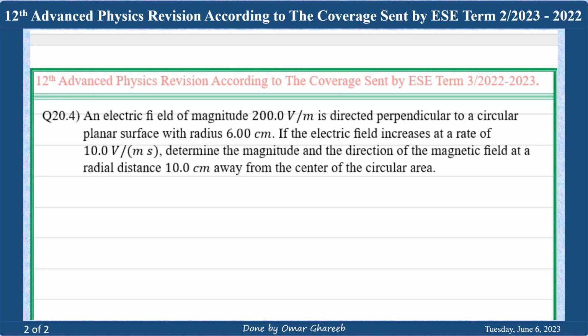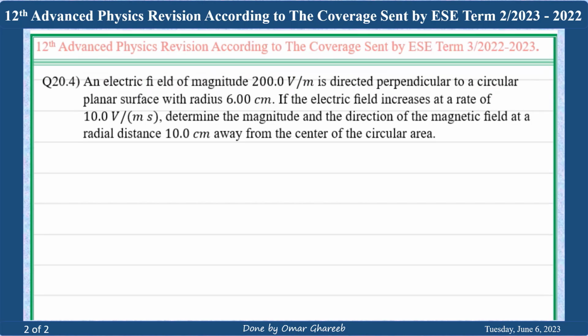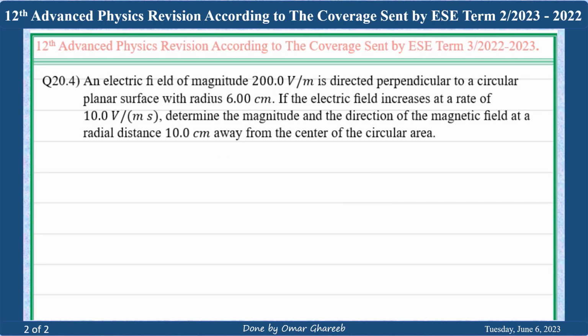Here is a question on the same idea, but it is a numerical one. An electric field of magnitude 20 volts per meter, so this is E, is directed perpendicular to a circular planar surface like a capacitor with radius R, which should be converted to meters, 0.06.